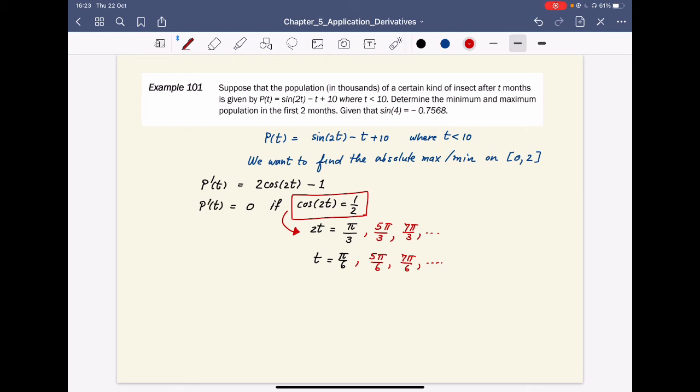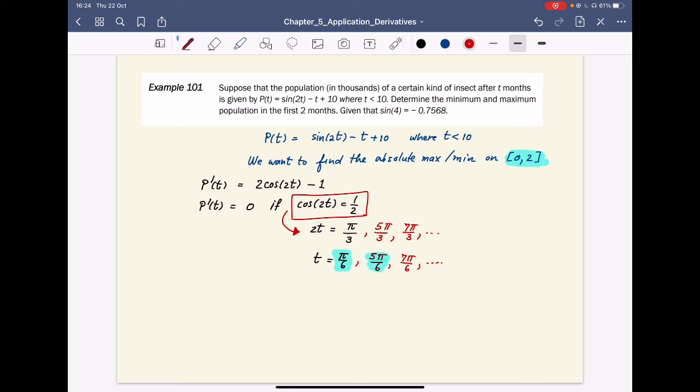So do we need to include all solutions here? We're going to look at the interval that we are interested in, which is 0 to 2. Of course, pi over 6 is in the interval 0 to 2. However, if you look at 5 pi over 6, this is 5 times pi, which is 3.14, so on the numerator this is about 15, and then over 6, this is already over 2.